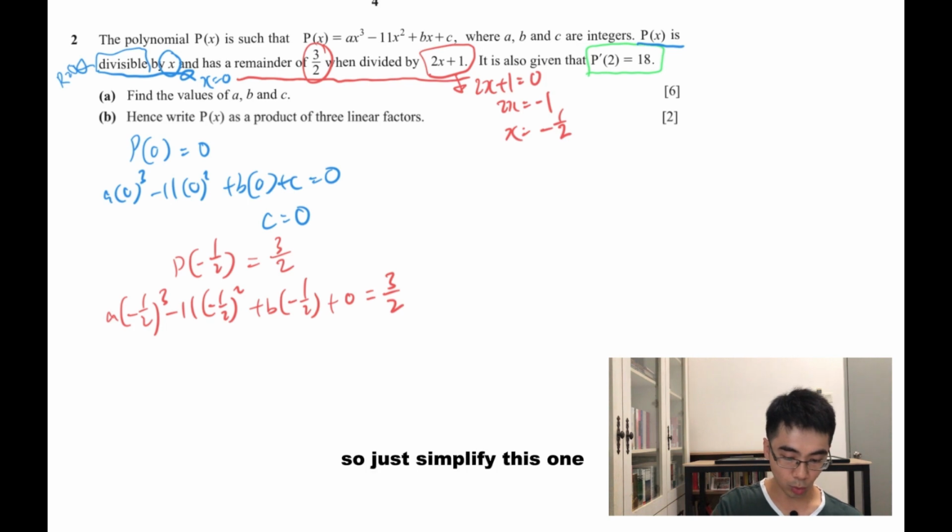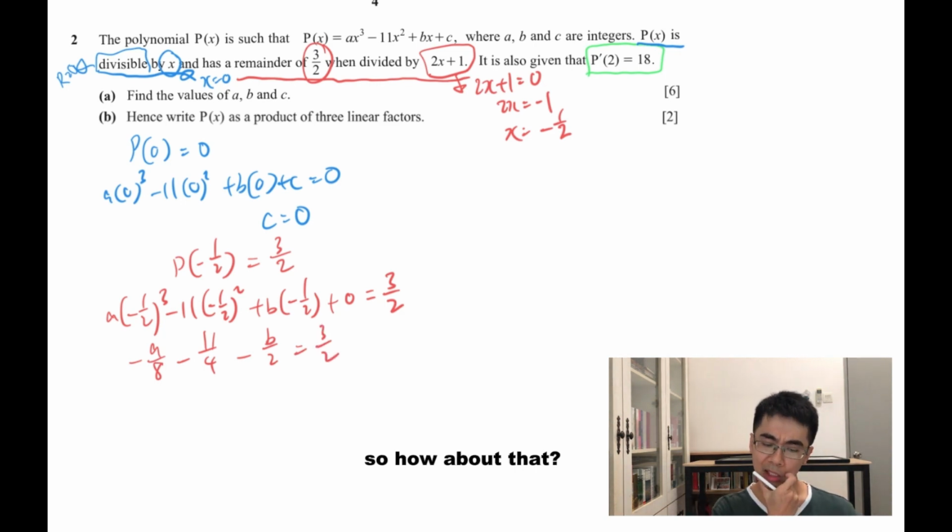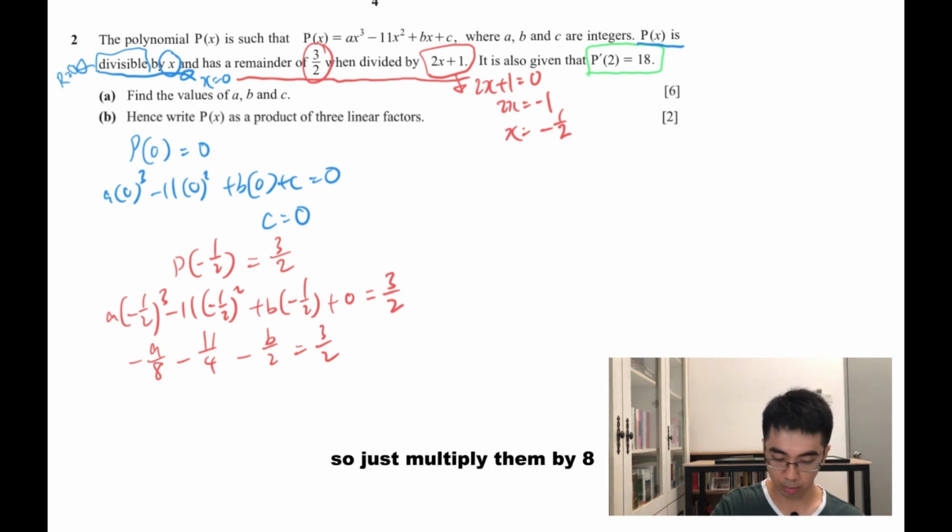All right, so just simplify this one. We got negative a over 8, and then minus 11 over 4, and then minus b over 2 will be 3 over 2. So how about that? We can multiply all the things by 8, right? So just multiply it by 8.